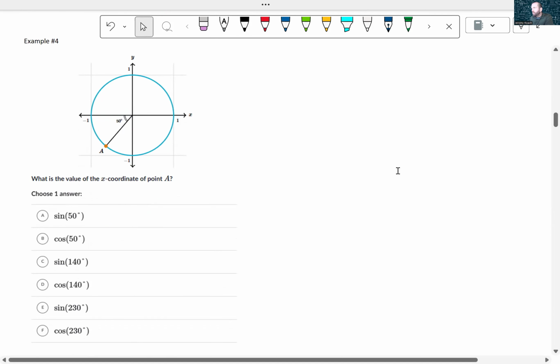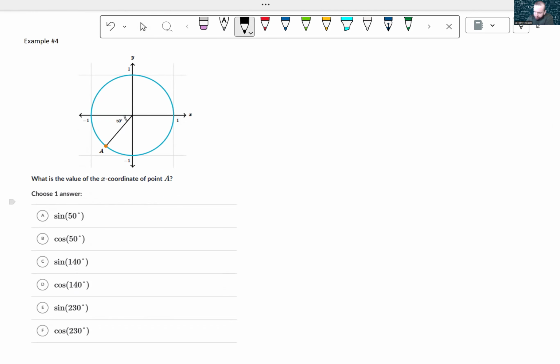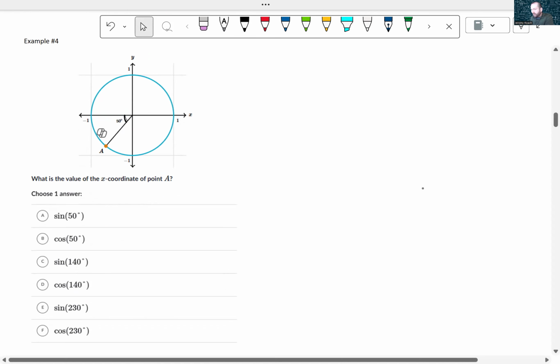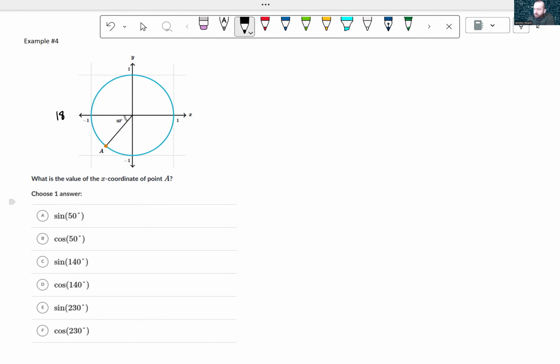Okay, this next example has a lot more answer choices to look at. It says, what's the value of the x coordinate of point A? And it says 50 degrees here. That doesn't mean that it's 50 degrees. That means that that's called a reference angle, and it's in reference to 180 degrees.